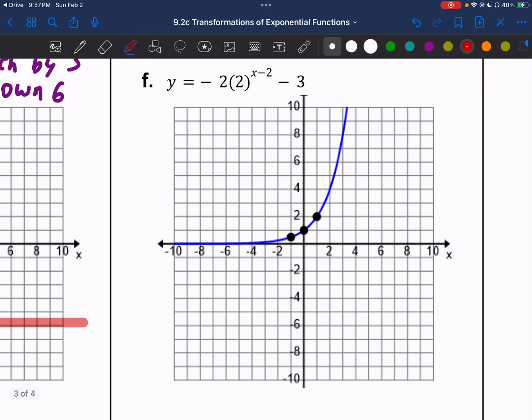All right, letter F. Letter F gives us the function y equals negative 2 times 2 to the x minus 2 power minus 3. So we have a whole bunch going on.